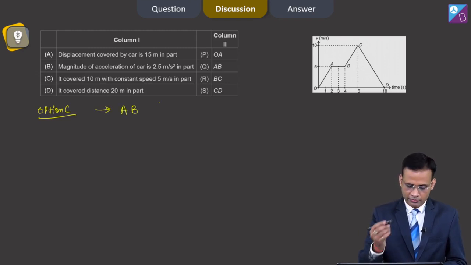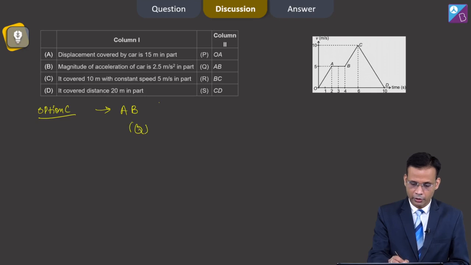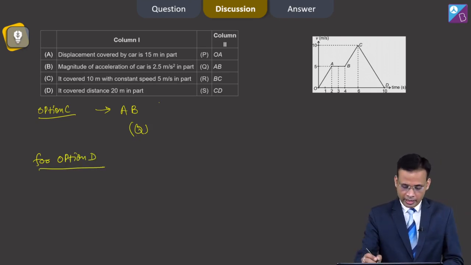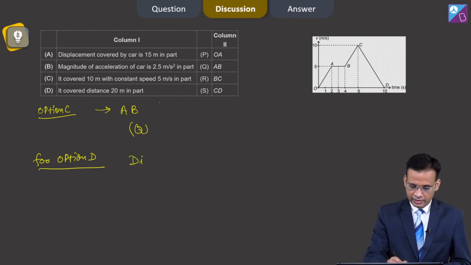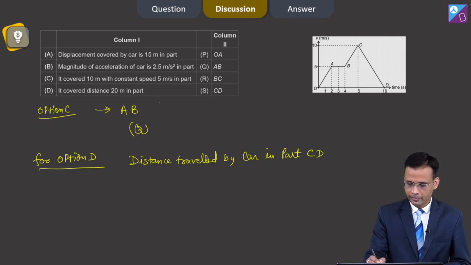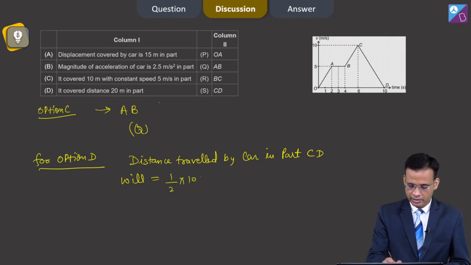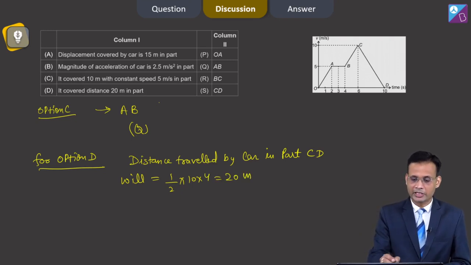So, the correct match for option C is our option Q. For option D, if we look carefully at the graph, the distance travelled by car in part CD will be the area under the curve, which is half into 10 into 4, that is 20 meter. So, for option D, matching option is our option S.